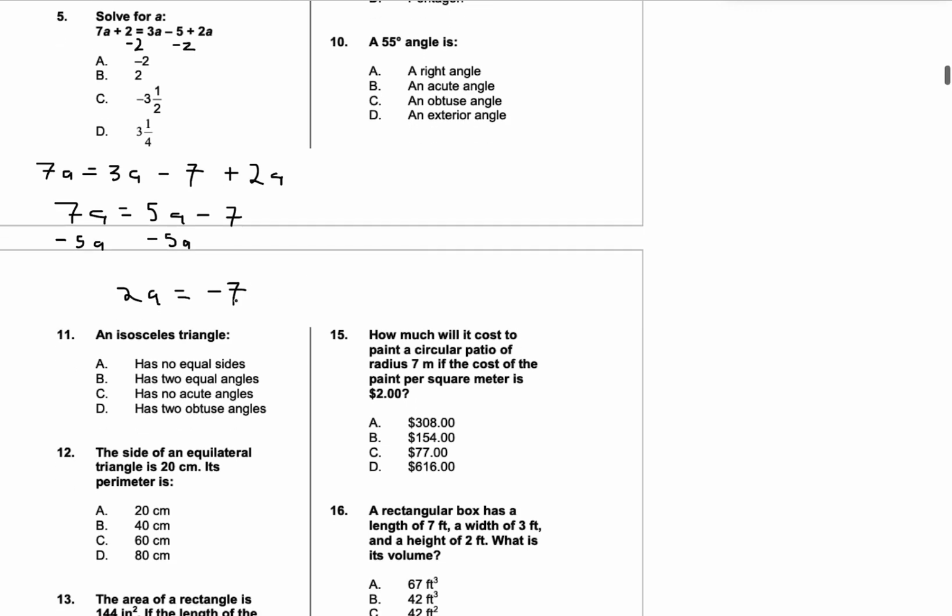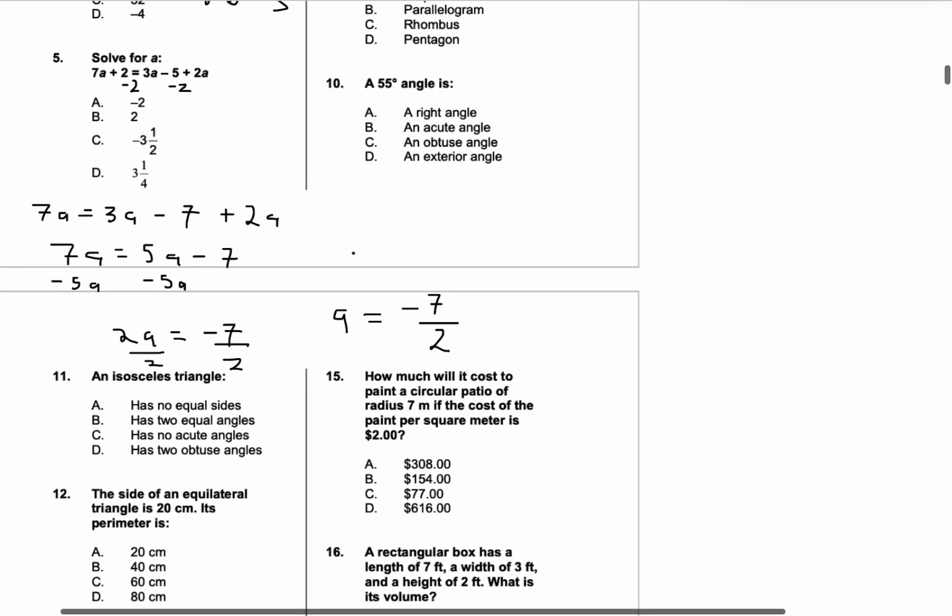And solving for a, you divide both sides by 2, so you get a should be equal to negative 7 divided by 2. It looks like they've already converted.